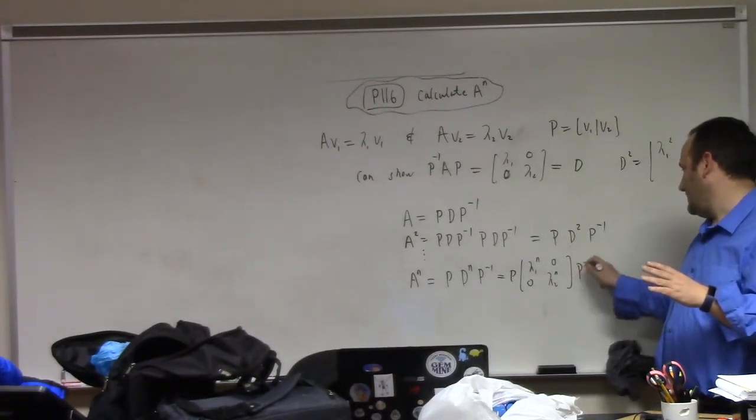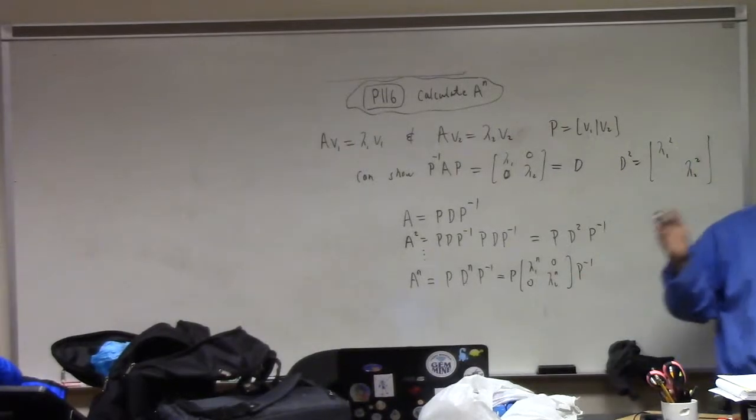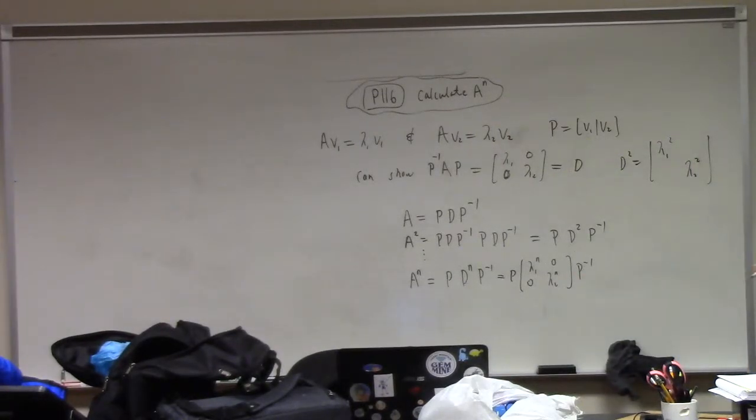And then this calculation, the P matrix, you can easily calculate P inverse, is straightforward. It takes 2 lines, but that is how to calculate A to the n. So the diagonalization of a matrix allows us to do all kinds of calculations that are perhaps non-obvious from another viewpoint. That's the idea. That's 116.